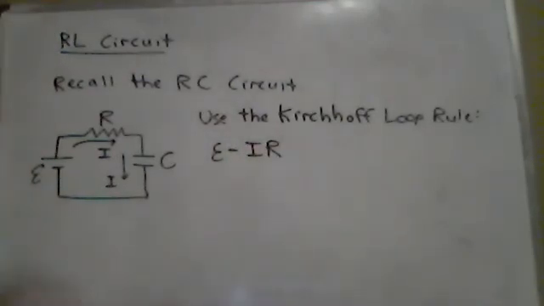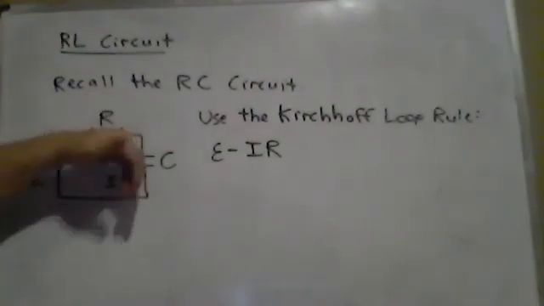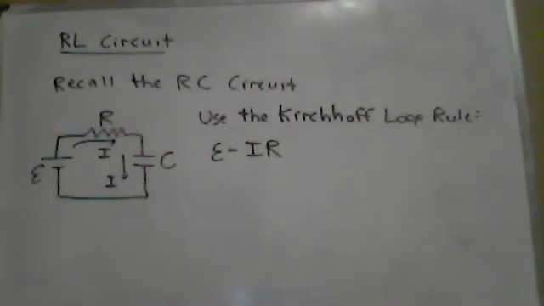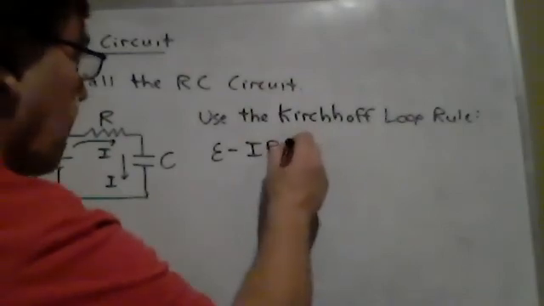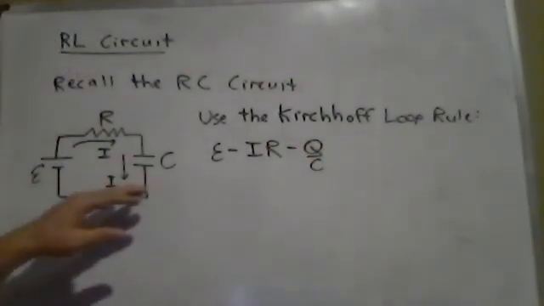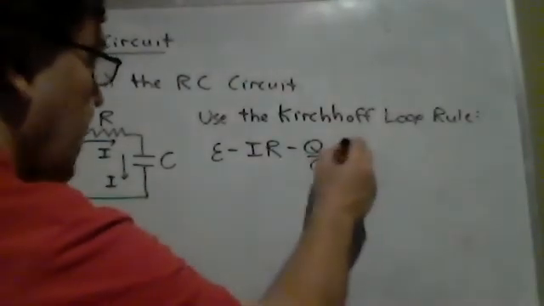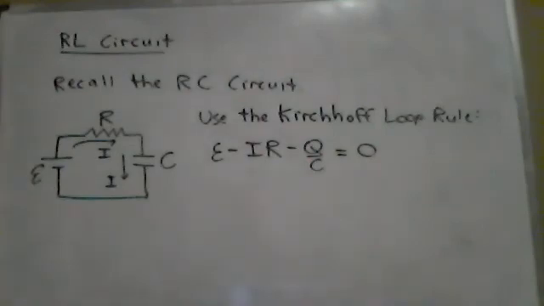I continue and cross the capacitor. The voltage drop across the capacitor is negative Q over C. I keep walking, turn a corner, and finally end up back where I started. So all of this is equal to 0. That's what the Kirchhoff loop rule says.